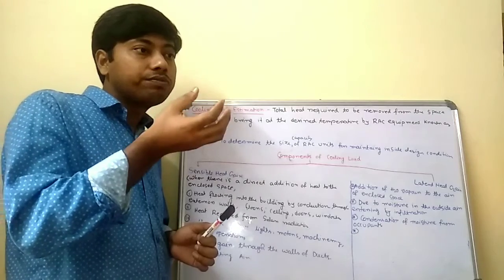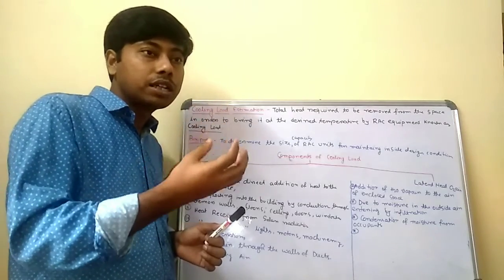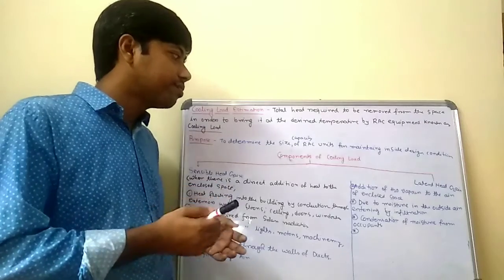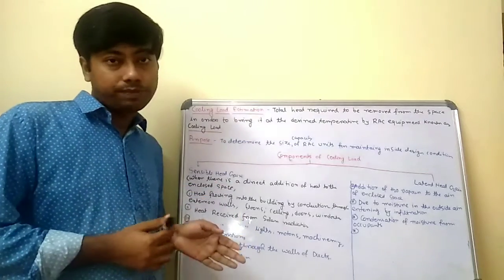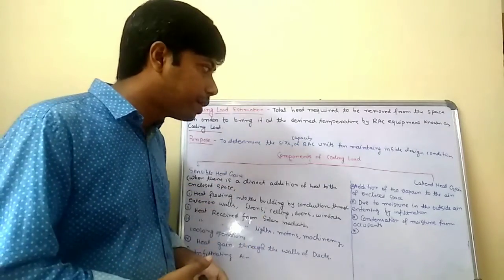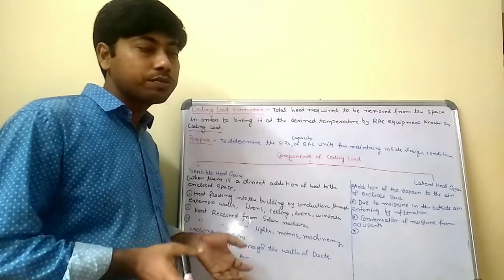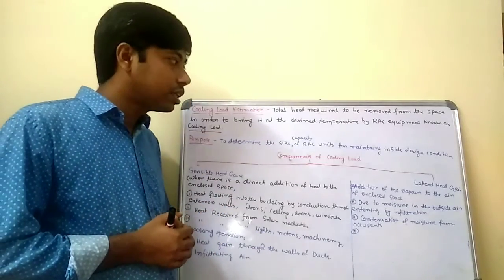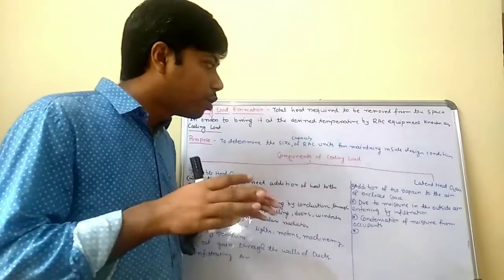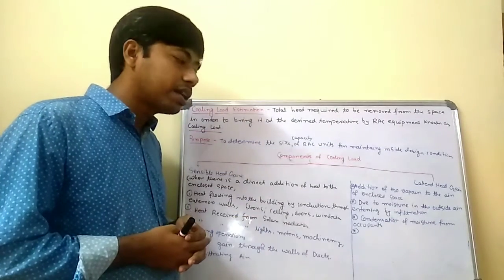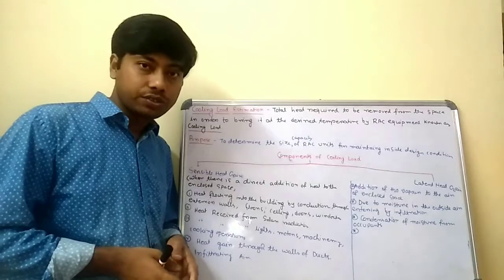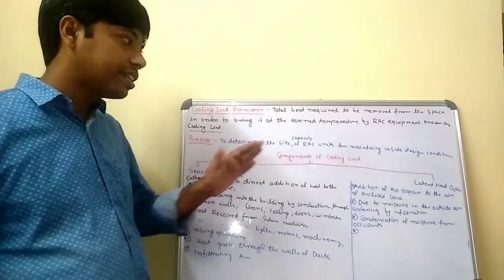That heat gain by the water vapor, which is not direct contact, is called latent heat gain. There are several reasons for latent heat gain. First, the moisture in the outside air entering by infiltration, and second, the condensing of moisture from the occupants. These are the two reasons for the latent heat gain.